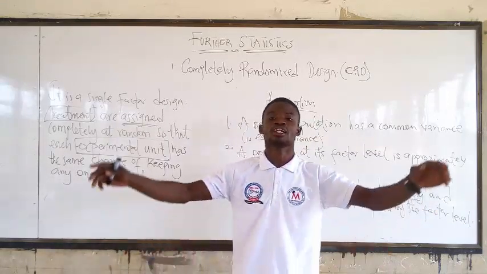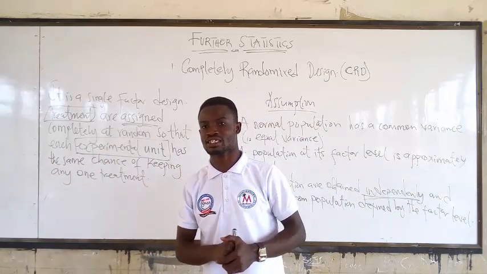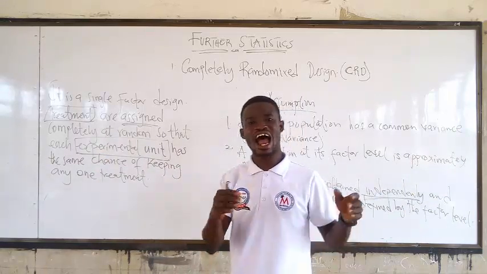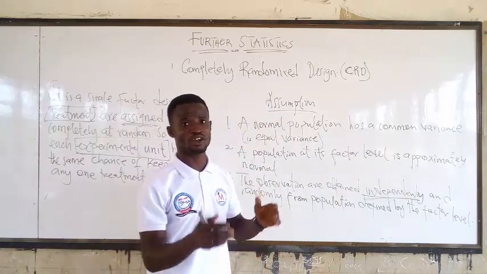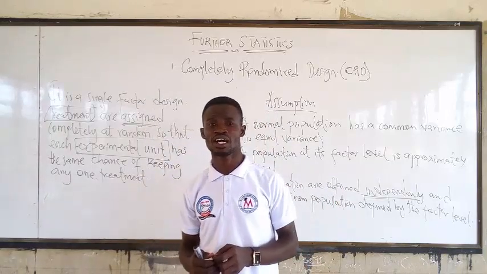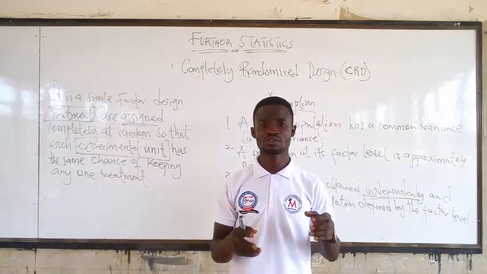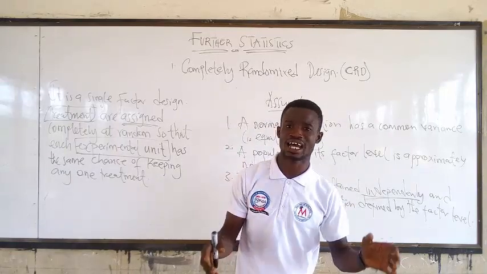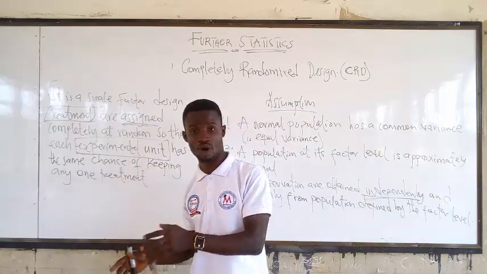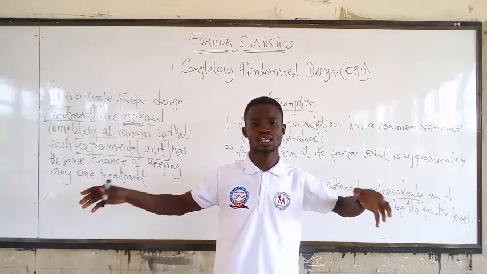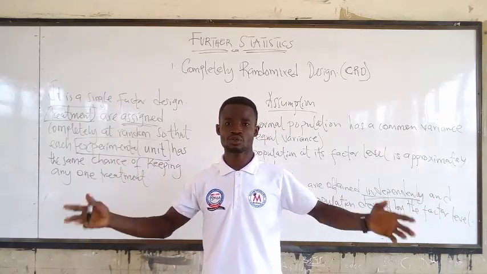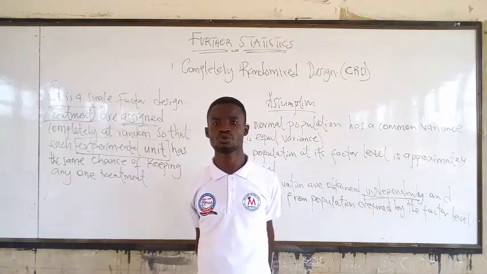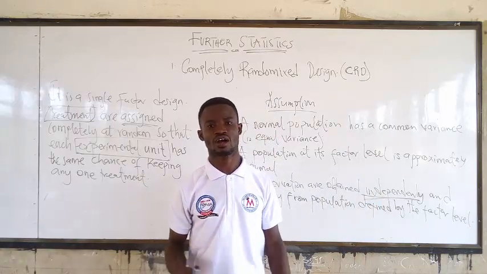Alright, now let's go through how we can solve a question under this. Under the CRD, which is completely randomized design, we deal with equal samples and unequal samples. We are going to see how we come out with a solution for these two samples. Alright, see you.